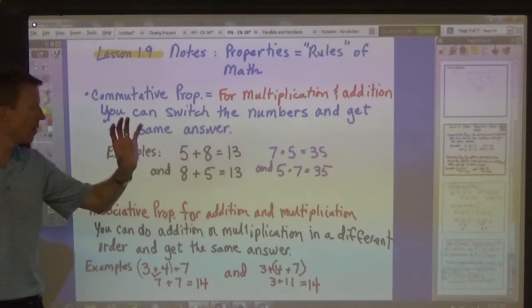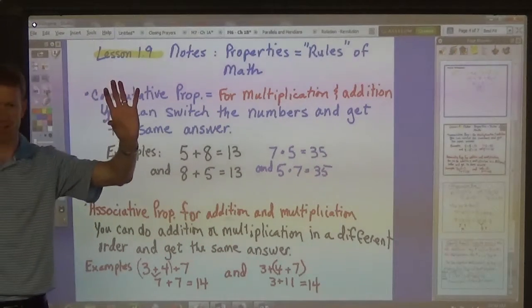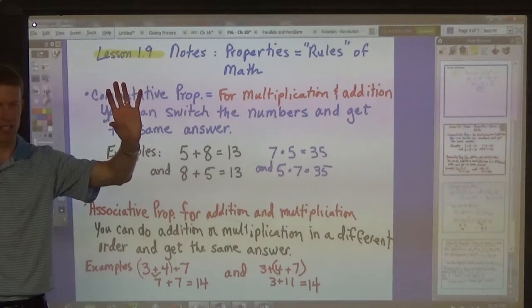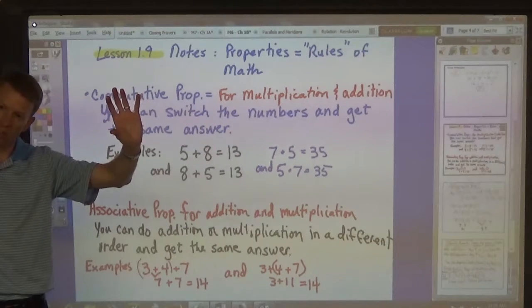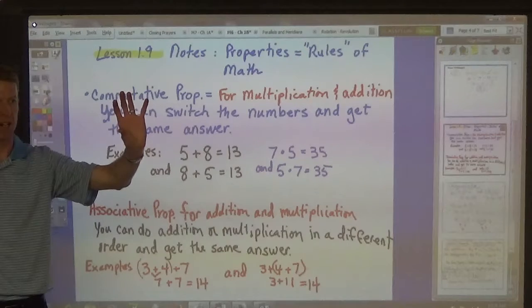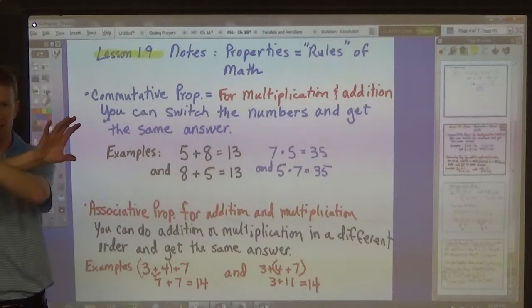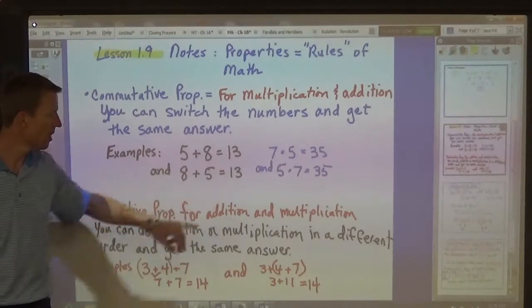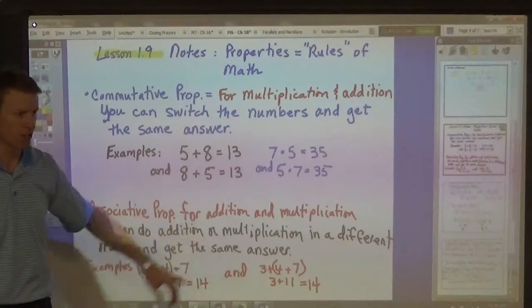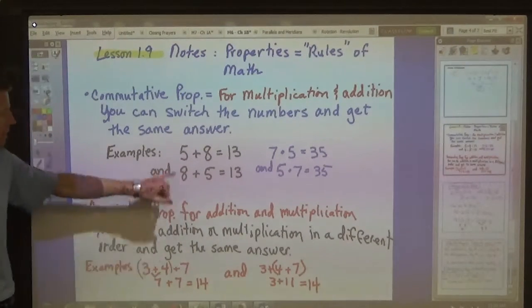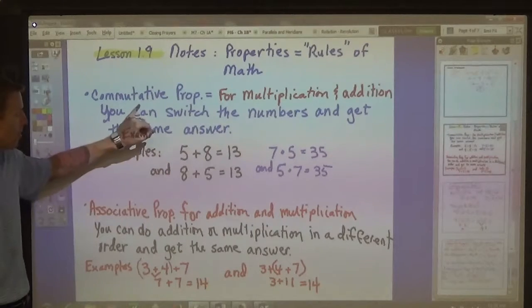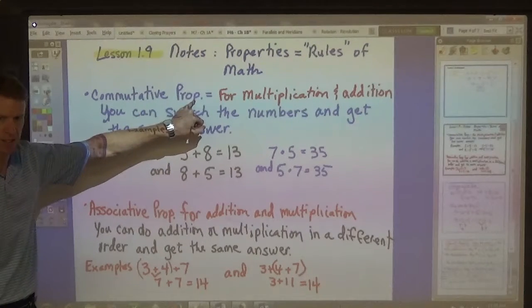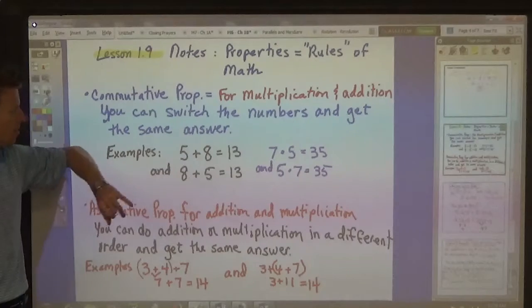Whether you have 5 plus 8, which equals 13, or you switch the order and add 8 plus 5, you get the same answer. 5 plus 8 is 13, 8 plus 5 is 13. That is true because of the commutative property of addition.